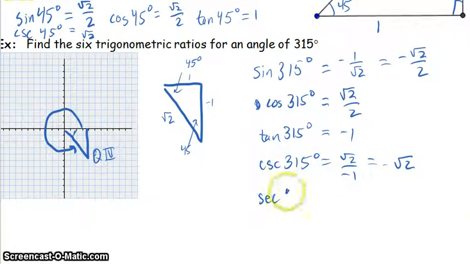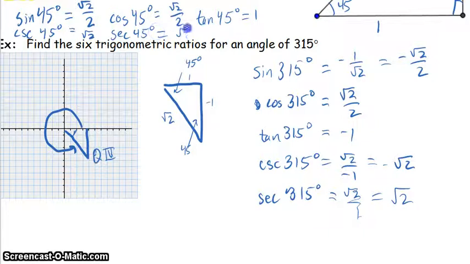The secant of 315 degrees is the same as the cosecant of 45 degrees. So we have the square root of 2 over 1, which reduces to the square root of 2. So the secant of 45 degrees is equal to the square root of 2.